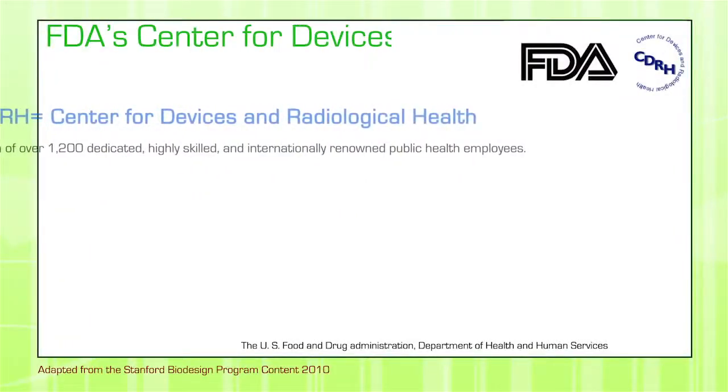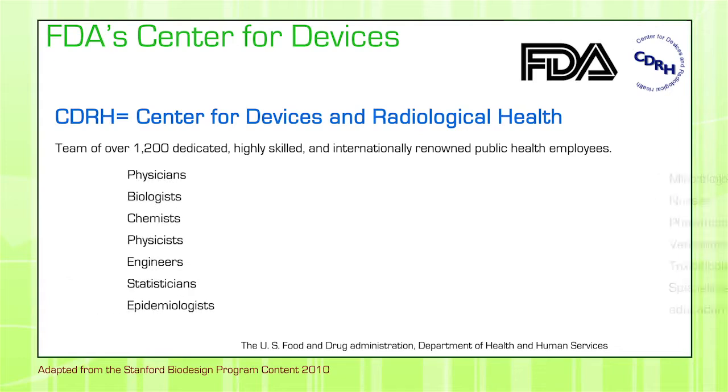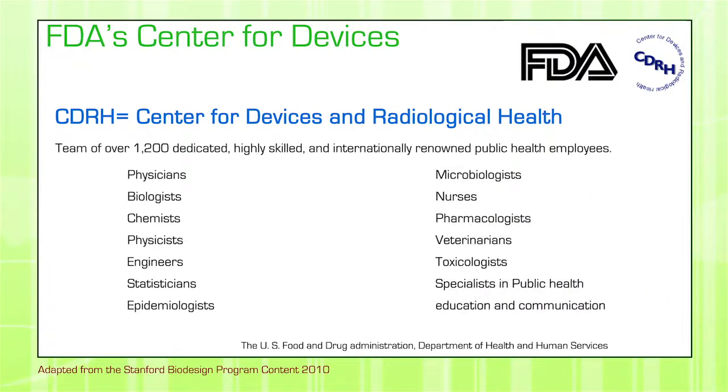Okay, so the FDA, which is the acronym for the Food and Drug Administration of the US, has a Center for Devices and Radiological Health called the CDRH. This CDRH is a really large office with more than 1,000 dedicated, highly skilled, internationally renowned public health employees, including physicians, biologists, chemists, physicists, engineers, statisticians, epidemiologists, microbiologists, nurses, doctors, pharmacologists, veterinarians, toxicologists, and many other specialists in public health, education, and communication.